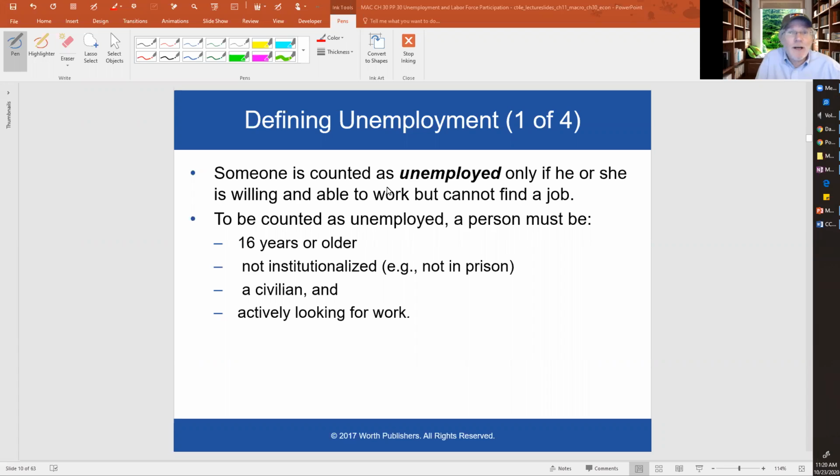If you're in the military, they don't figure into the unemployment numbers. And you have to be actively looking for work. So make sure you know how that applies to different people.